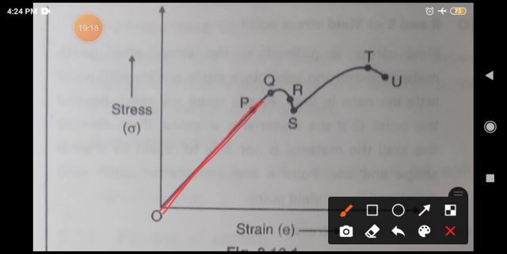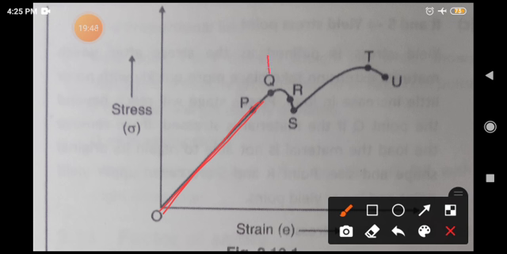Now more regions are given over there, that is P to Q, then points P, Q, R, S, T, U, V, all these points have some meaning. This point P is the proportional limit. Then Q is the elastic limit. That means if you apply load up to Q and remove it, the body will get its original shape and size.